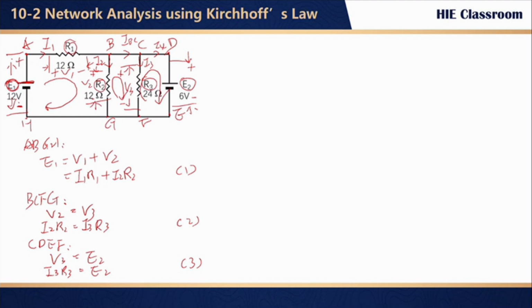Since IBC splits into I3 and I4, we can write for node B: I1 equals I2 plus IBC, and IBC is I3 plus I4. Then we have it equal to I2 plus I3 plus I4. This is our fourth equation. We've got four equations now, three for voltage and one for current, and it's time to solve.